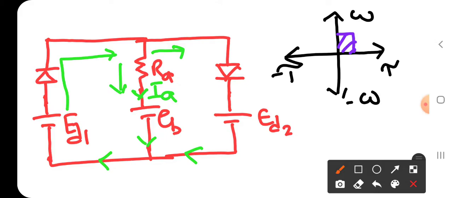Positive converter operating as rectifier, and negative converter is operating as inverter.